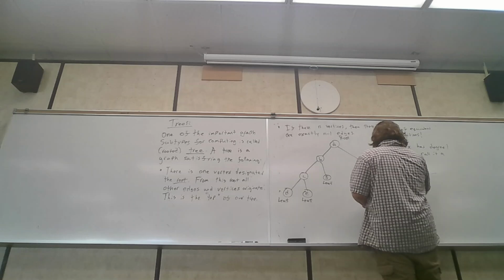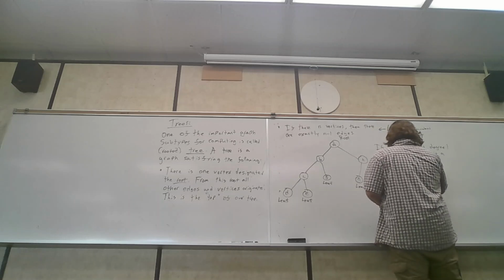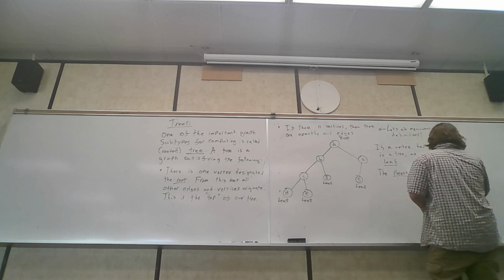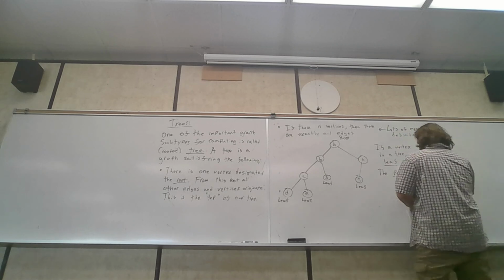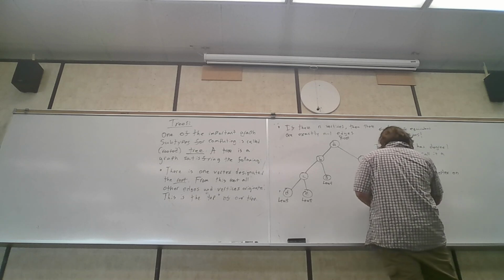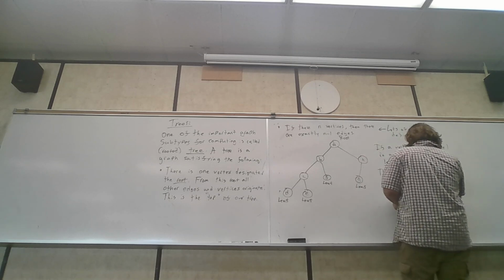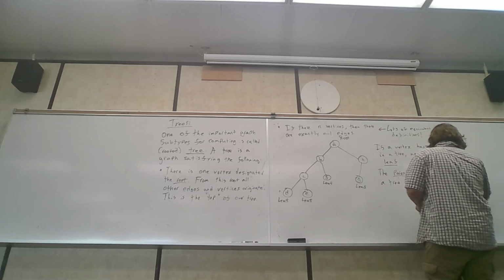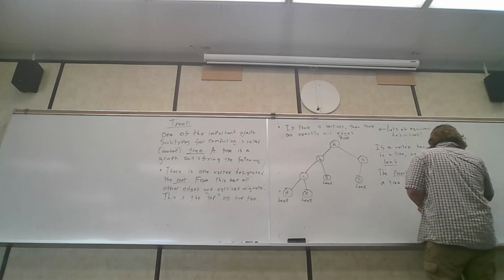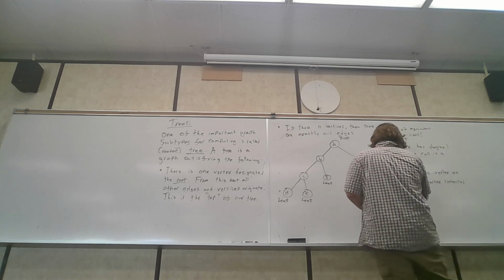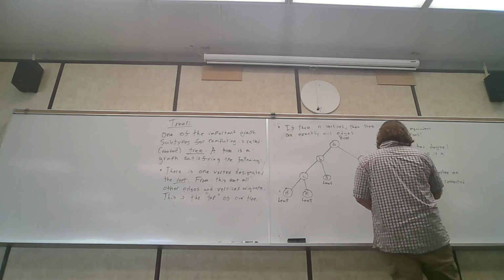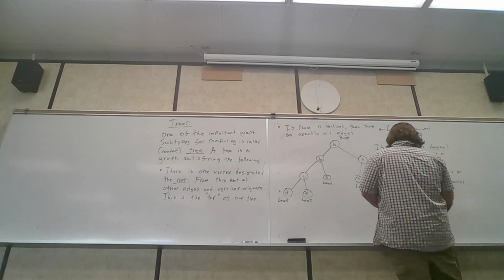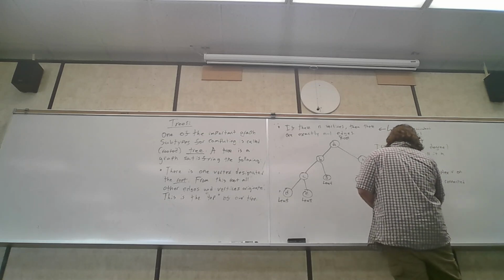So the parent, actually writing it down is probably going to make it worse, of a vertex on a tree is the vertex connected to that vertex, let's give this a name, vertex V, towards the root.